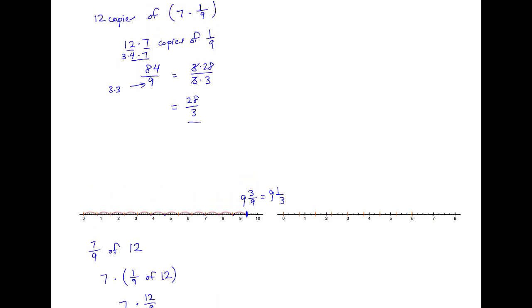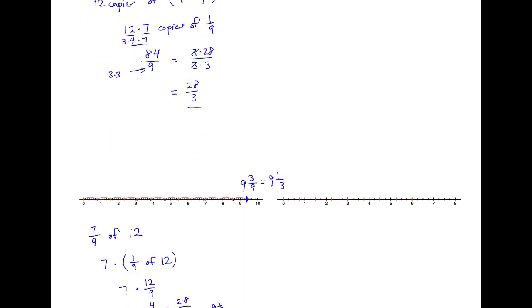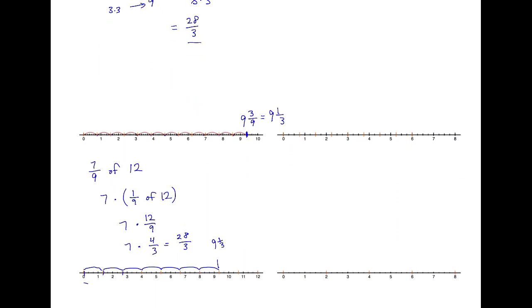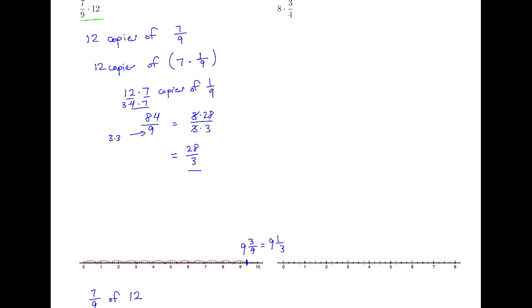And I want to go back here and see, okay, so 7 ninths of 12 we had imagined was definitely between 6 and 12. We got 9 1/3, which seems consistent. Okay? I'm going to leave you with 8 copies of 3/4, and there are 2 pictures here that show the 2 ways to think about this.